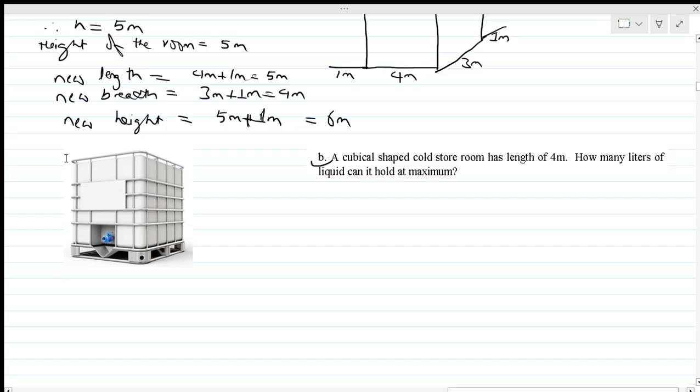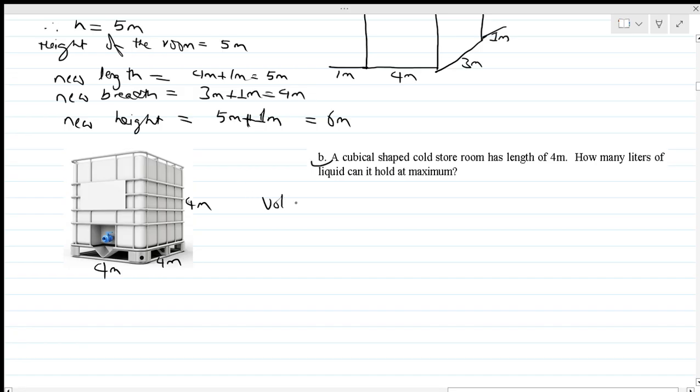Let this be the cold storeroom, which is actually like a tank. Its length, breadth, and height are each 4 meter, so it is a cubical room. Our question is how many liters of liquid it can hold at maximum. For finding that, first we have to find its volume.